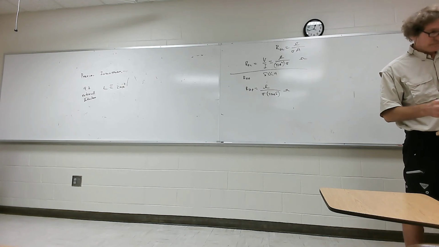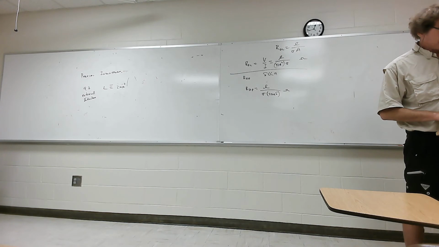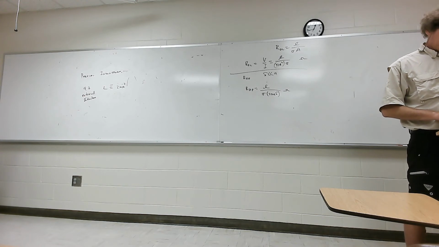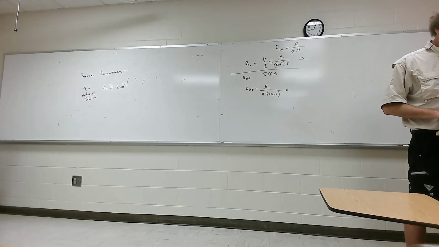I played around with it, and if you leave out the 2 pi factor, it comes out to 10 megahertz. Off by just a factor of 10. Was the 100 ohms originally in DC instead of... Well, tell you what, hang on one second.